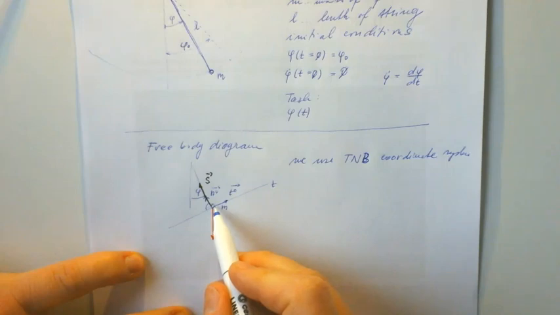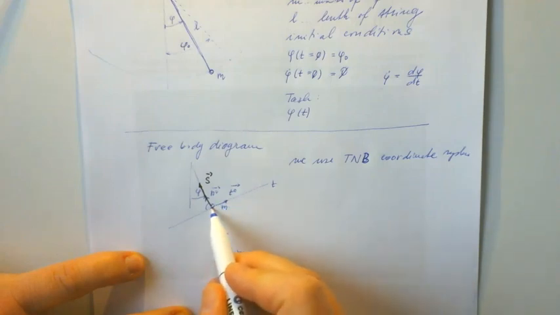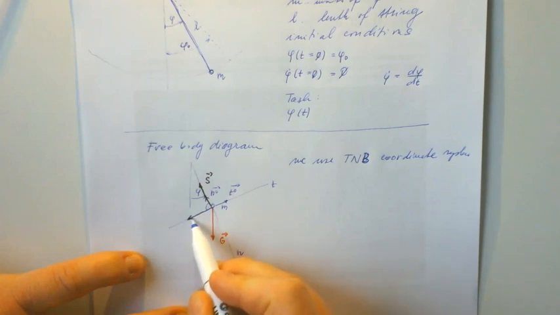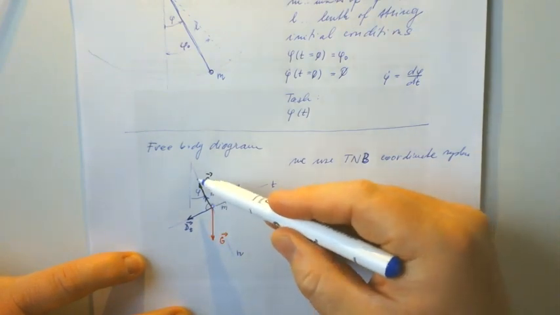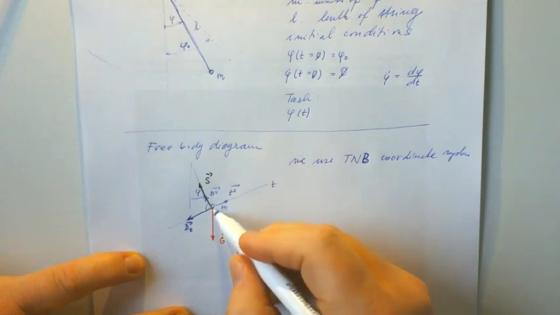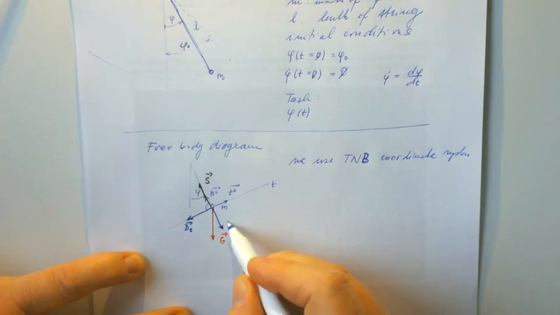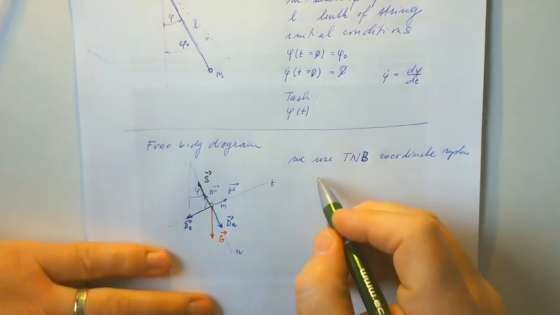And because this is a positive direction of t-axis, we draw Dt in opposite direction. And because this is positive direction of normal, so we draw against this direction force Dn. Okay, so free body diagram is done.